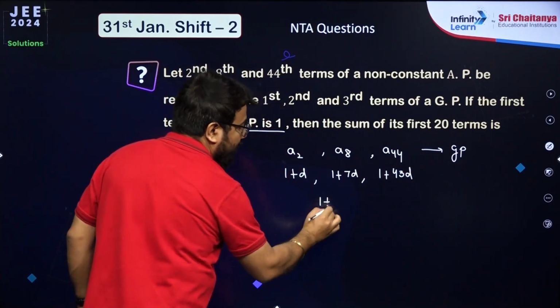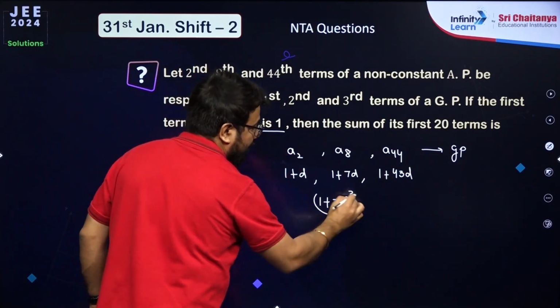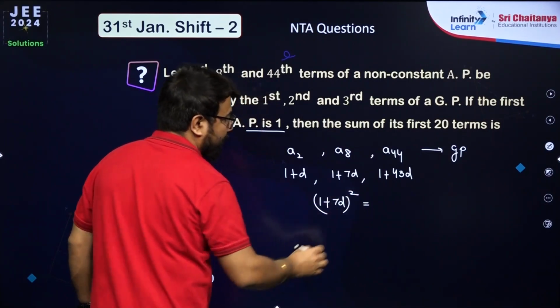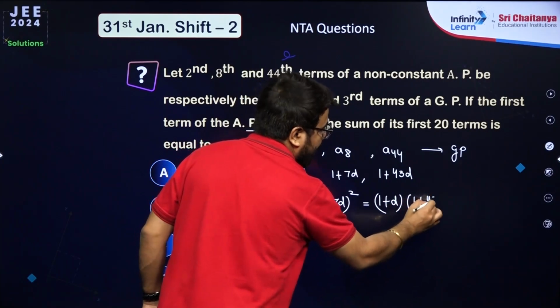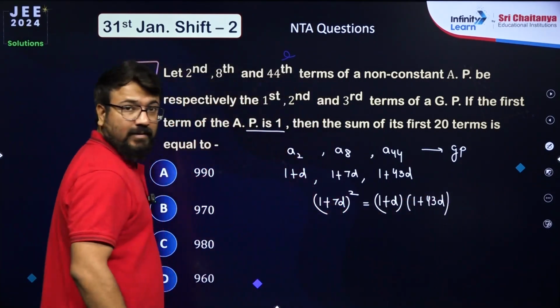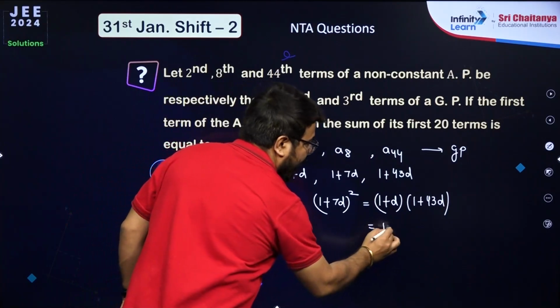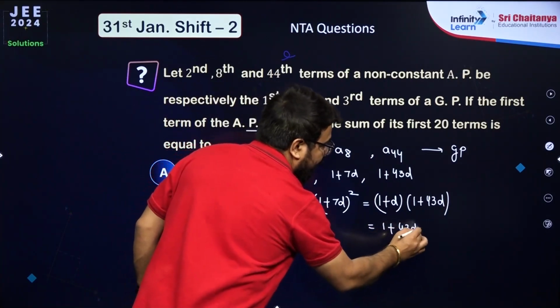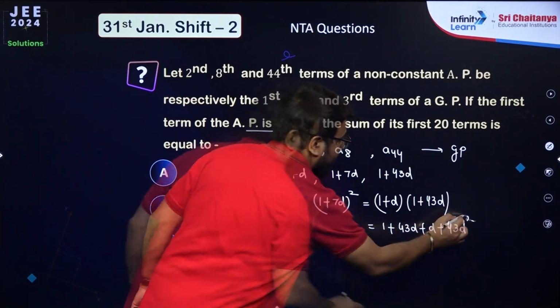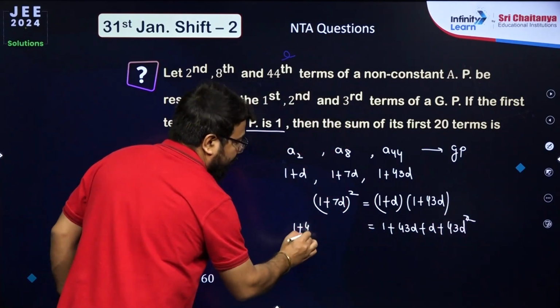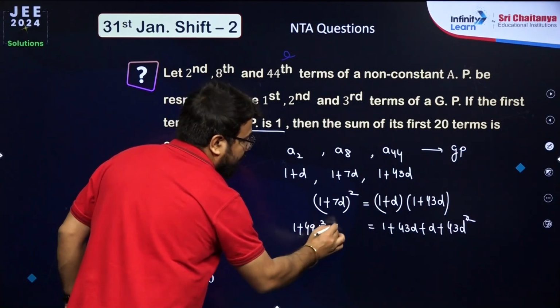Now, if I square the middle term, this will become B square equals AC. That means 1 plus D times 1 plus 43D. Alright. So here we have 1, then 43D, then D, and then 43D square. And here it is A square plus B square plus 2AB.